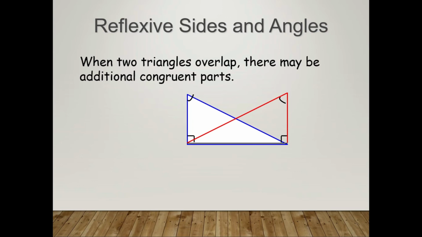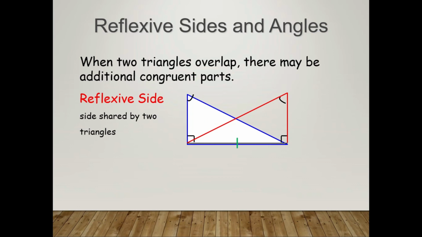So observe the figure. Take note that when two triangles overlap, we have what we call the reflexive side, or the side shared by two triangles. So in this figure, nasaan kaya yung ating reflexive side? So let us mark.